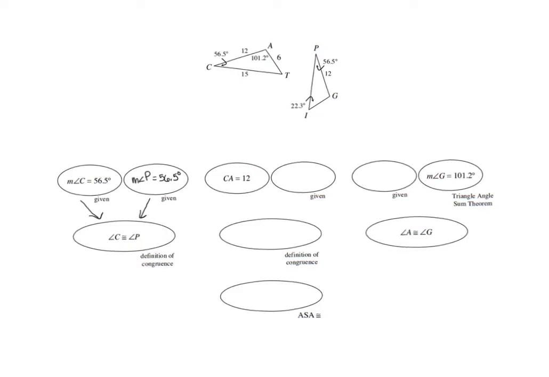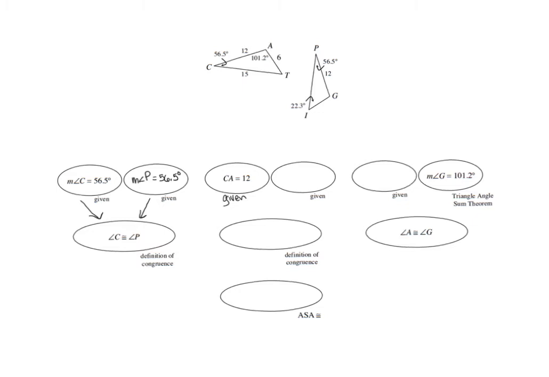Thinking along these same lines, I notice that my next given bubbles are here, that CA is 12, and I know that because it's given in my diagram. And thinking about our previous pair, I'm going to say that this bubble should be about something that has a length of 12.